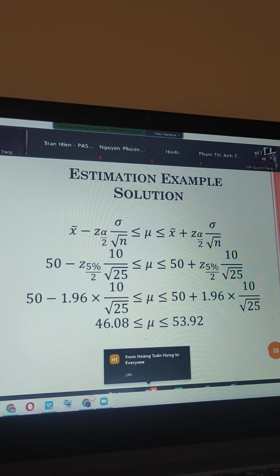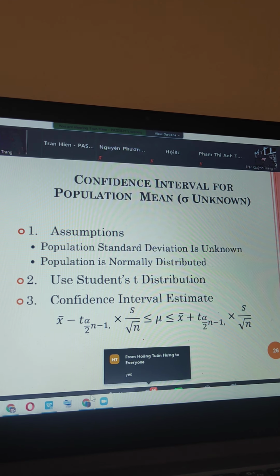So when developing an interval estimate of a population mean, we usually do not have a good estimate of the population standard deviation either. In this case, we must use the same sample to estimate both the mean and standard deviation of the population.